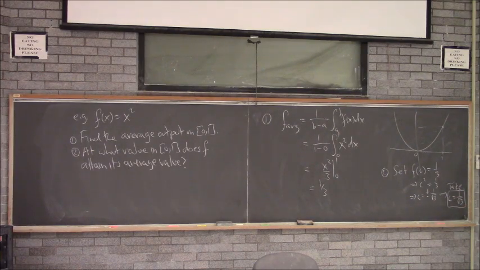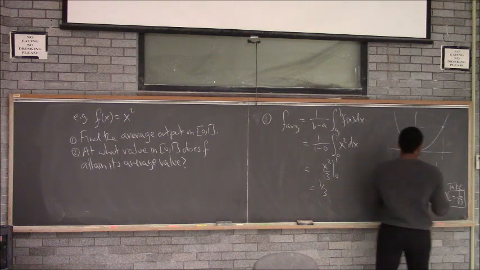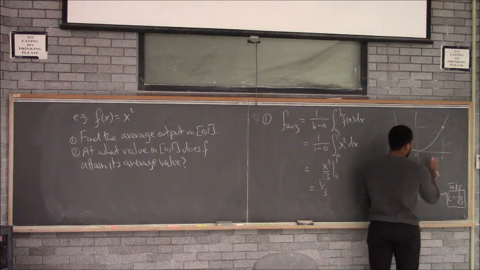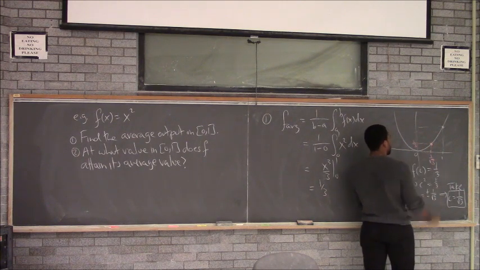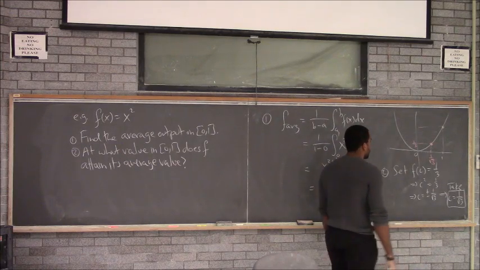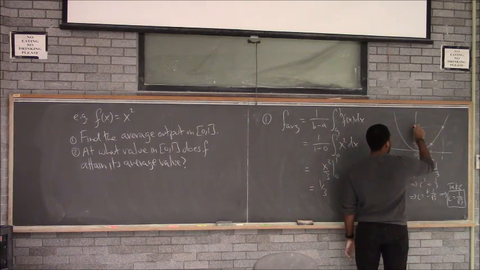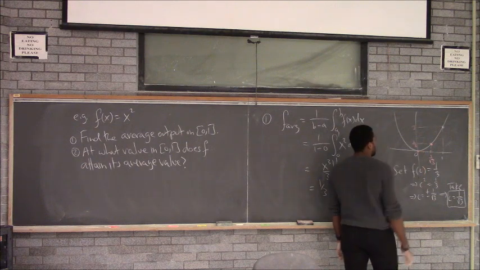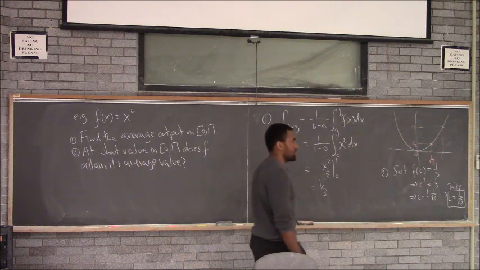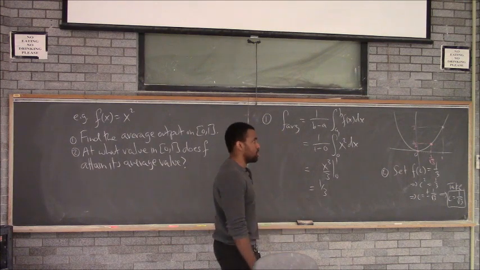That is a number smaller than 1, so it's in the interval, and at that input, the output is going to be a third, which is the average value. We know that the maximum value is 1, the minimum value is 0, but on average, the output is a third. And there's a point in that interval that actually gives me the output of a third.